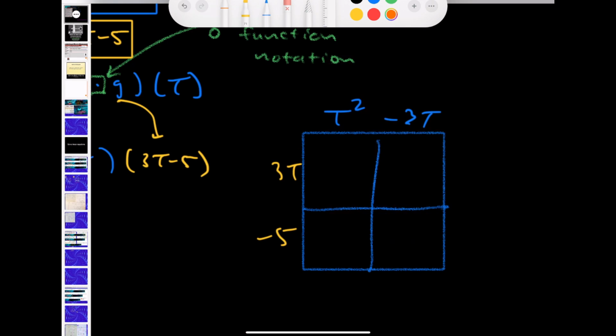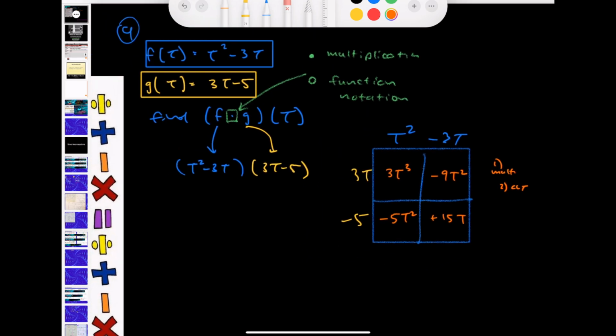So we're going to multiply, and then we're going to combine like terms. 3t to the third, -9t squared, minus 5t, plus 15t. These two are like terms, so my answer is going to be 3t cubed minus 14t squared plus 15t.